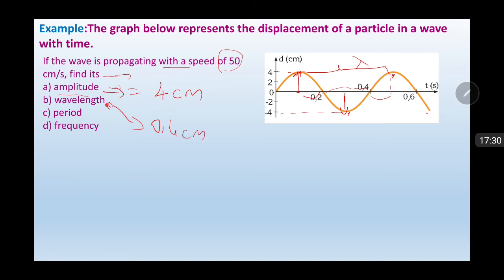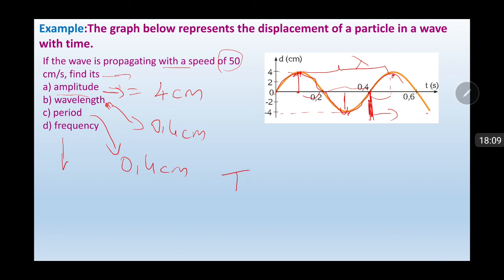B. And C, the period starts when they are repeating the same wave. Look at this, starting and moving down and finishing, and it continues the same. After this part it is repeating from 0 to this point. It gives the period equals 0.4 centimeter.